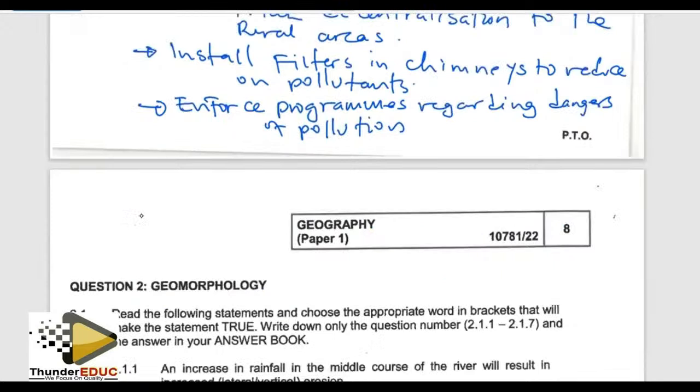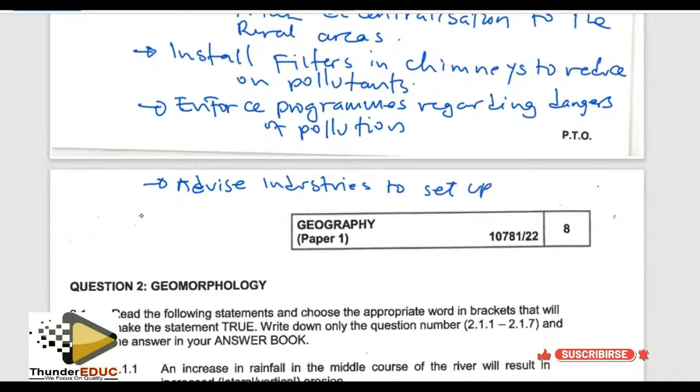As well say advise industries to set up green belts so they can consume most of the pollution.